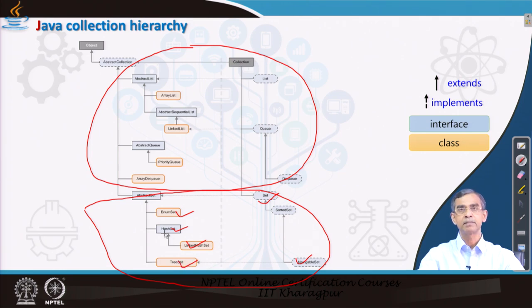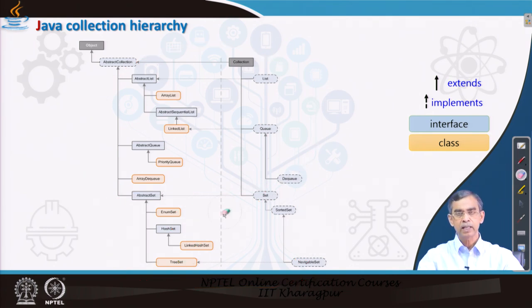Out of these, hash set is basically an abstract class. These are the useful classes for which you can create an object, and then for that object you can invoke all the methods defined in those classes.